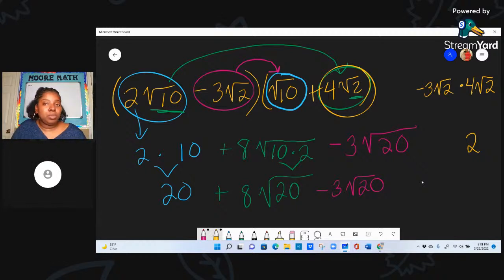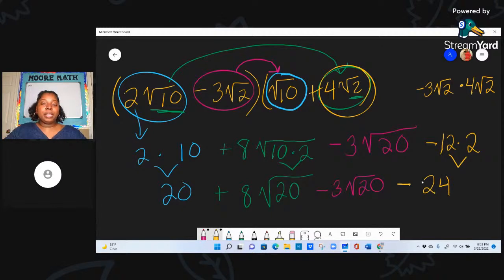Okay. And -3 times 4? 3 times 4, 12. Good. And now we can combine these two, right? Because they're whole numbers. So what's 12 times 2? 24. Good.